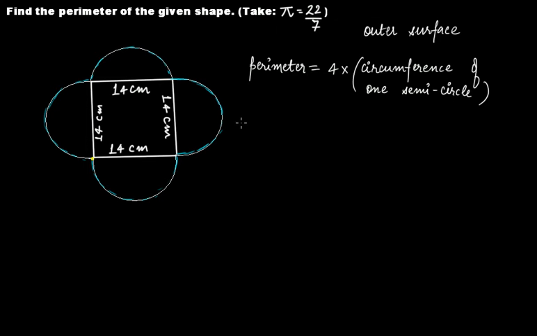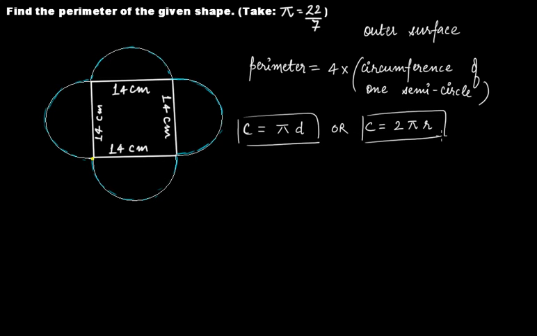Now, if we denote circumference of a circle by C, we know that the formula to calculate the circumference of a circle is pi times d, or C is equal to 2 pi r, that is radius. If you want to calculate using diameter, then this formula can be used, and if you want to calculate using radius, then this formula can be used. Since here we have diameter 14, we'll go with this formula.